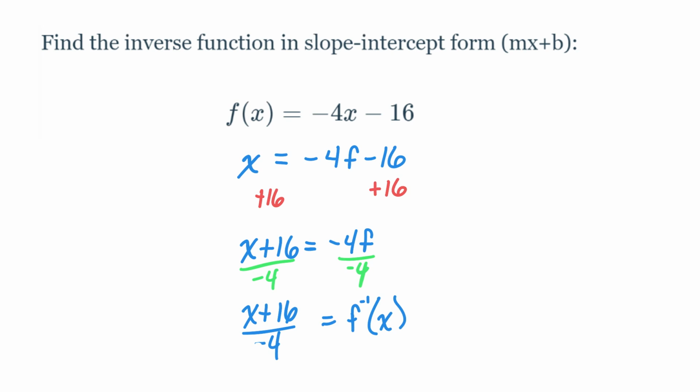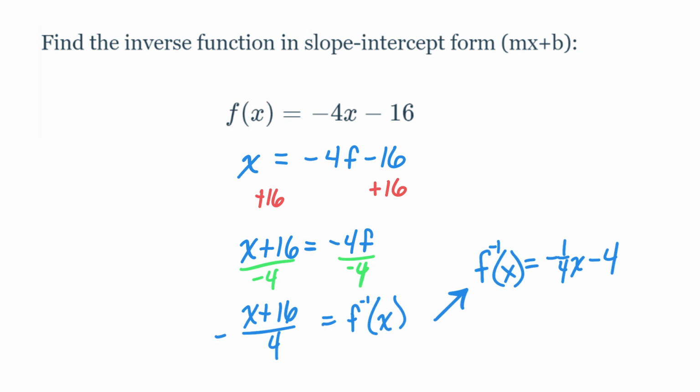We could also put the negative sign not in the denominator, but in front, which is a very common way. And then the last way we might see this is to actually take the terms and divide each of them by -4. So x divided by -4 is -1/4 x, and 16 divided by -4 is -4.